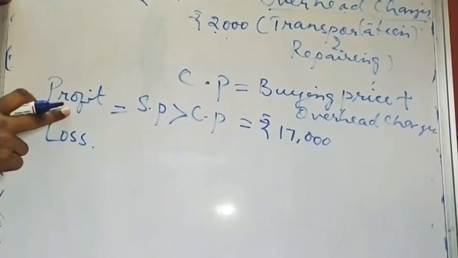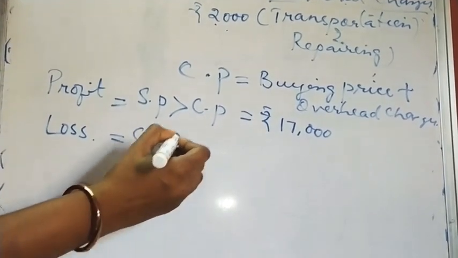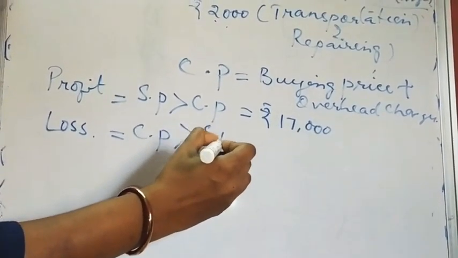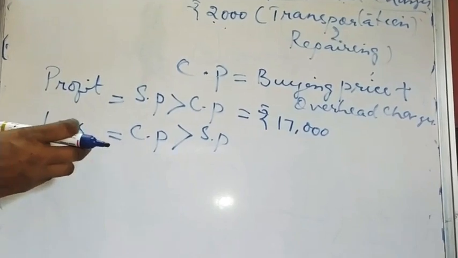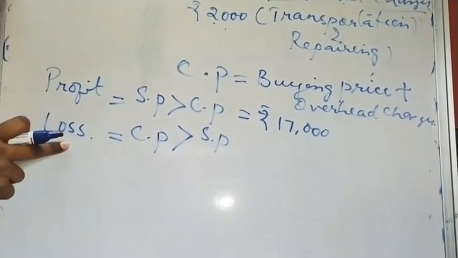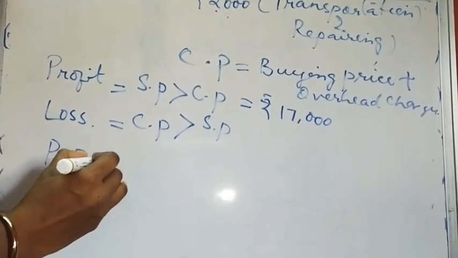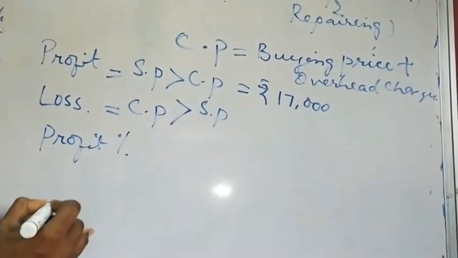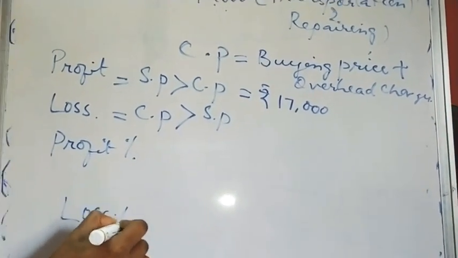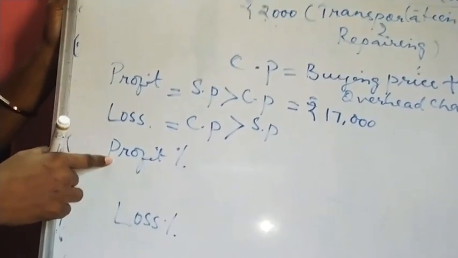And when the cost price is greater than the selling price, then we would be having a loss. So depending on the profit and the loss, we are going to find out the profit percent and the loss percent.